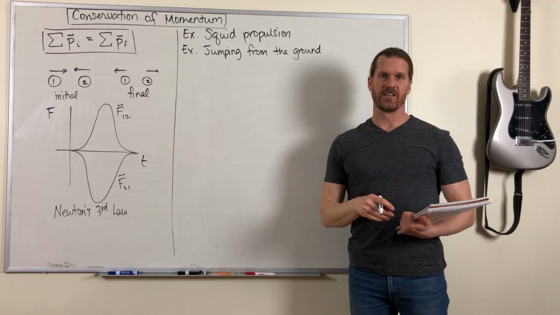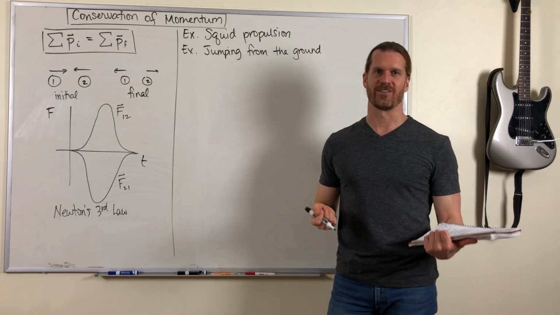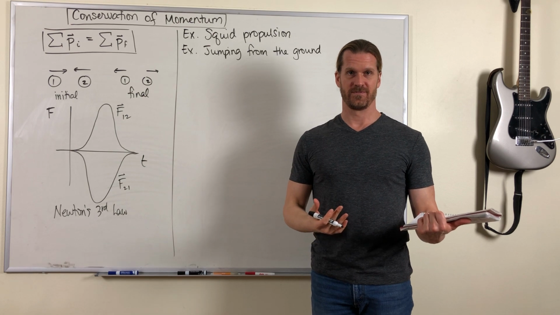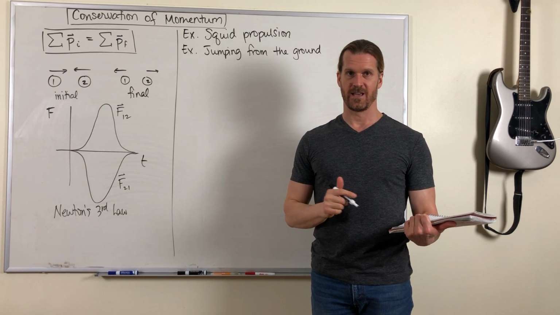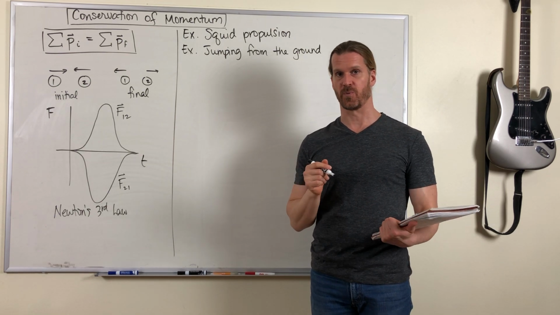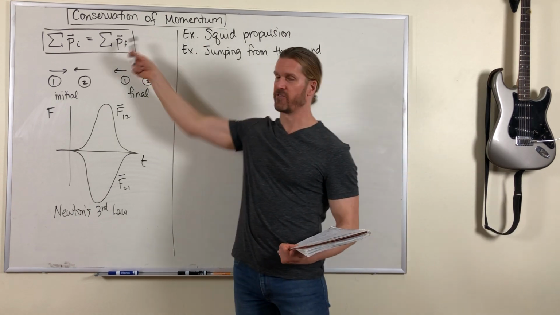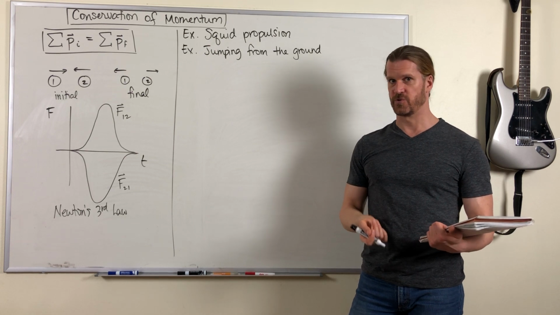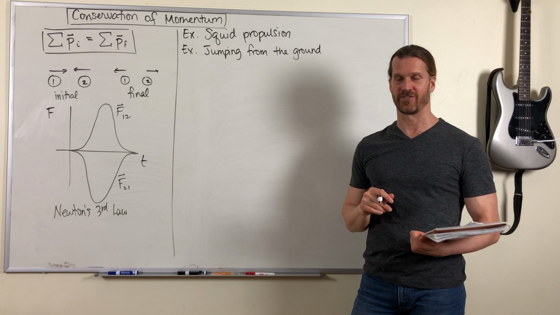Second example is what happens when you jump off the ground. Before the jump, your momentum is 0. Immediately after the jump, you have some momentum going upward. So it might seem like momentum's not conserved, but you have to consider the whole system, which consists of you and planet Earth that you're pushing against.